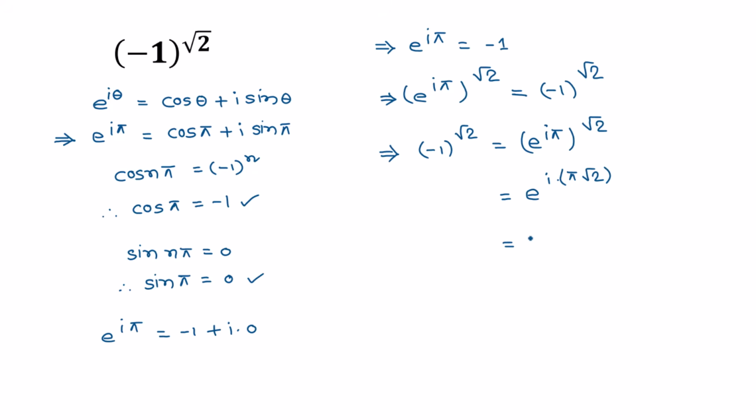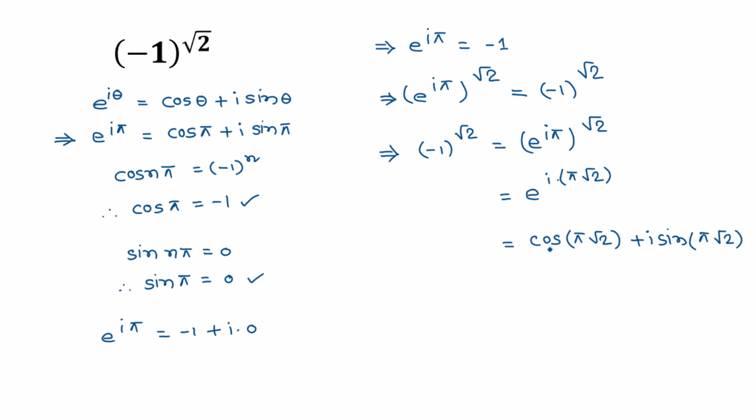So we can write cos of pi times square root of 2 plus i times sine of pi times square root of 2.